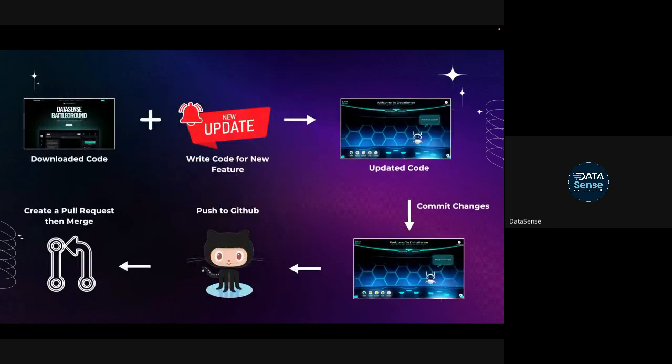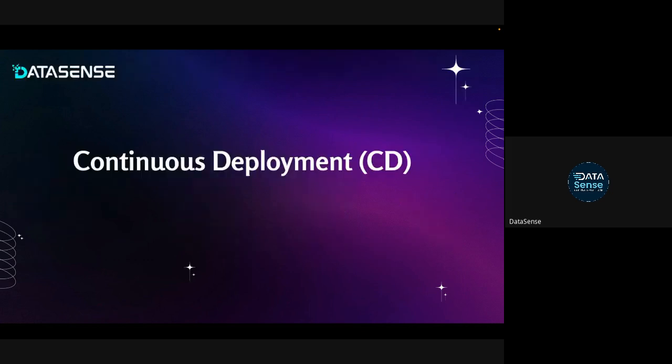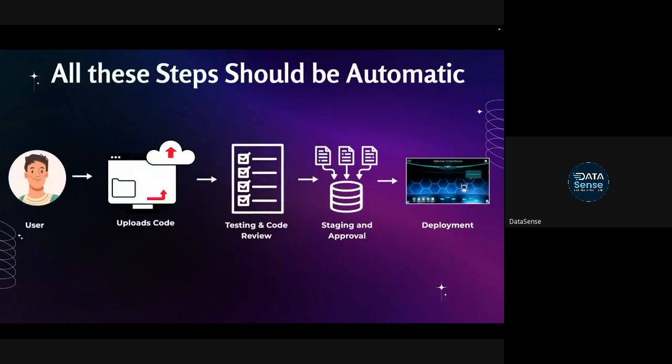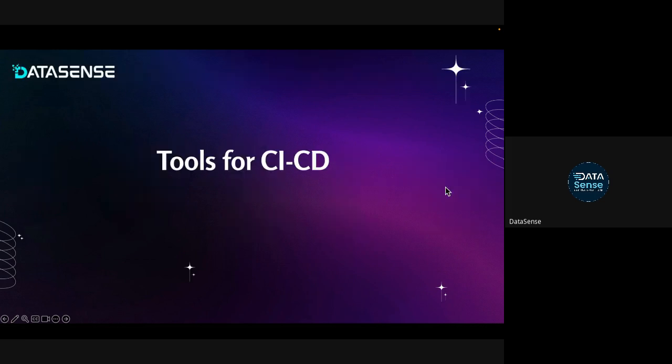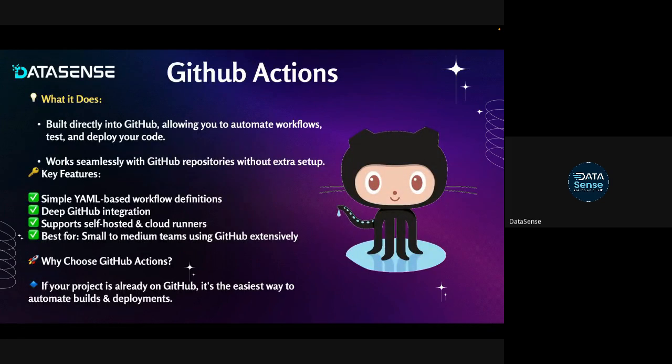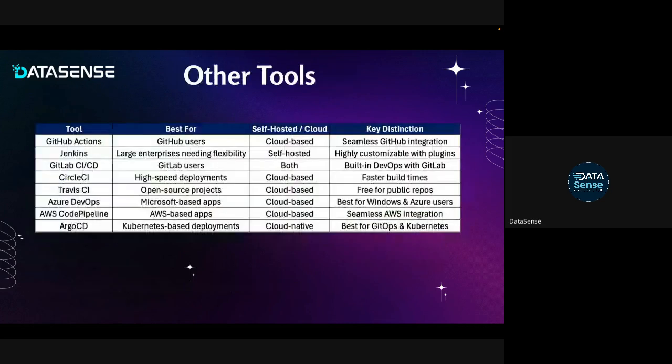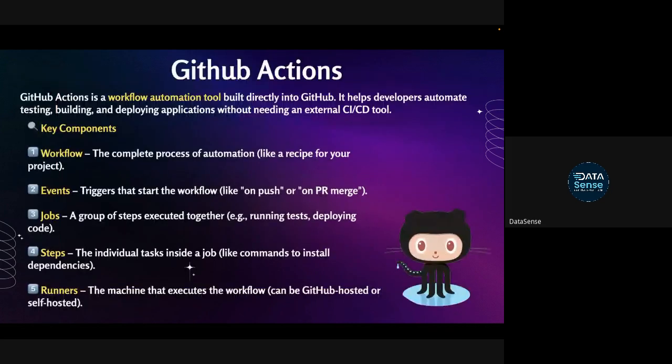Now what happens in GitHub Actions? This is the step of automatic deployment: the user uploads the code, it goes into testing and everything, and once that is done, it goes to deployment. We use a lot of tools for CI/CD, like GitHub Actions, Jenkins, and so on. But right now there are three concepts in GitHub Actions.